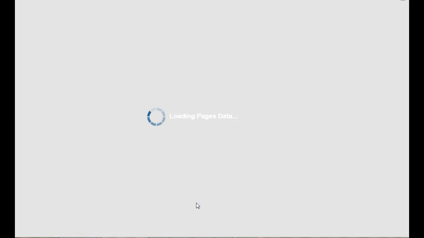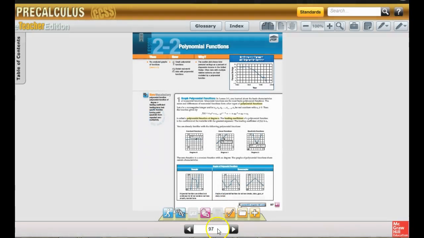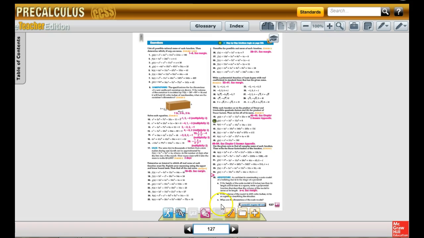What is the book page? 127, thank you. Oh, I opened the teacher's edition, no less.